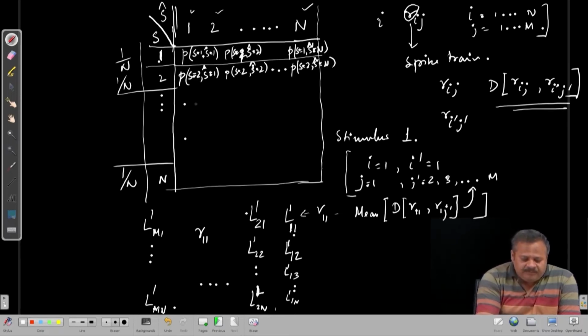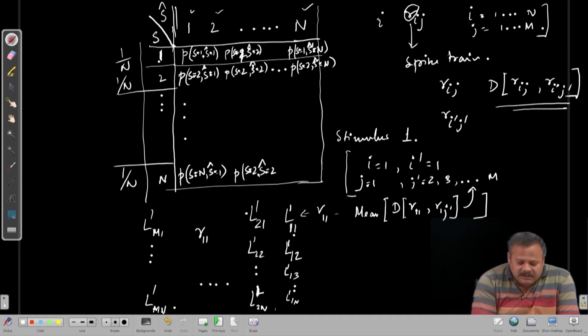And similarly here we have P(S equal to N, S hat equal to 1), P(S equal to N, S hat equal to 2), and up to P(S equal to N, S hat equal to N).